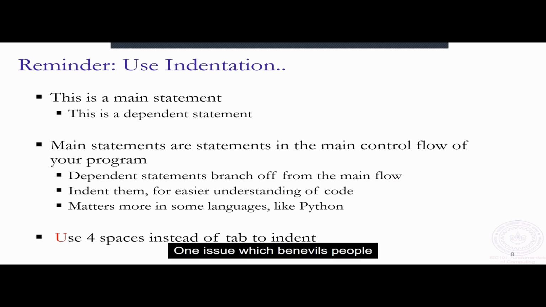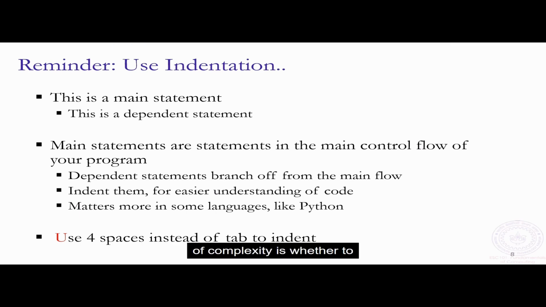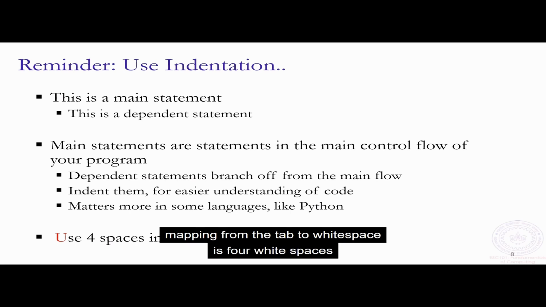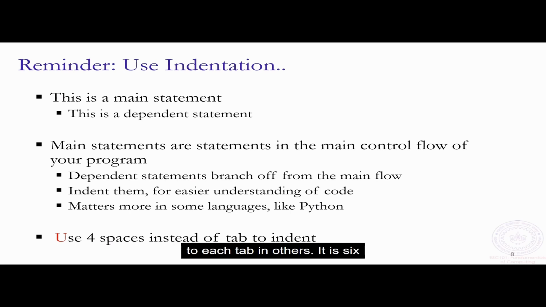One issue which bedevils people when they start programming at any level of complexity is whether to use 4 spaces or just the tab key to indent. And the golden rule here is to use 4 spaces rather than tab to indent. Why exactly is this? The reason for this is that in some IDEs, the mapping from the tab to white space is 4 white spaces to each tab.